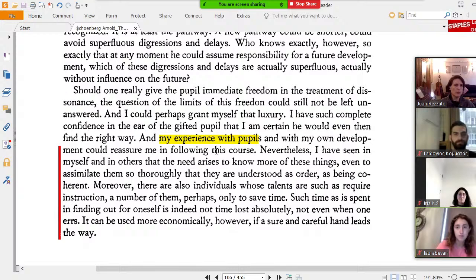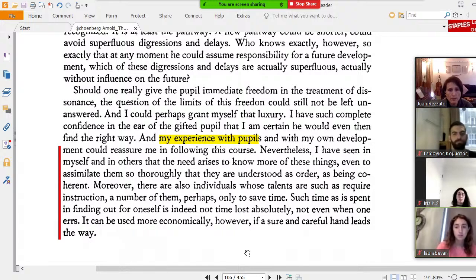My experience with pupils, because he was an amazing teacher, not only a genius composer but also a tutor, and my own development could reassure me in following this course. Nevertheless, I have seen in myself and in others that the need arises to know more of these things, even to assimilate them so thoroughly that they are understood as order, as being coherent. Moreover, there are also individuals whose talents are such as require instruction.